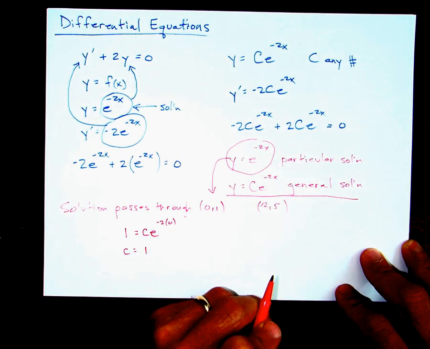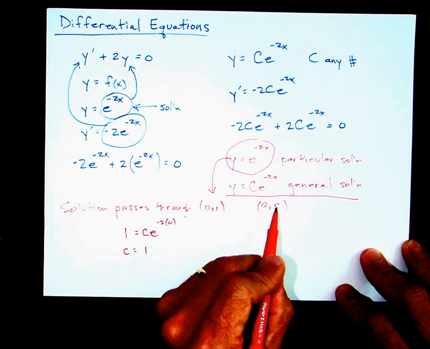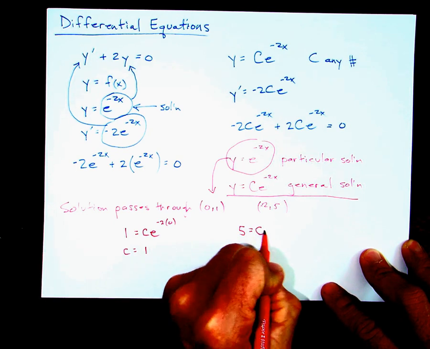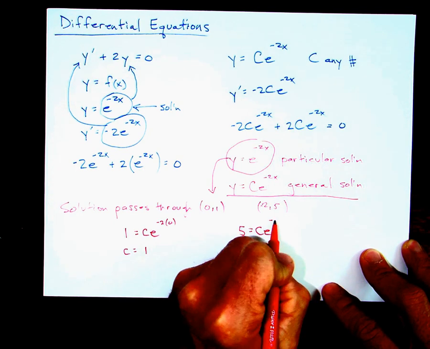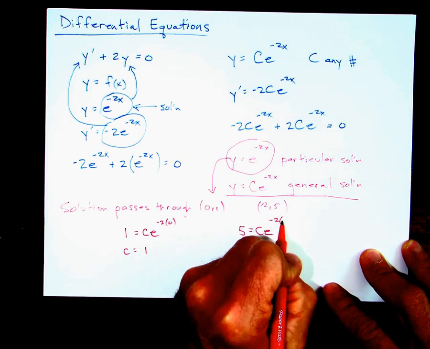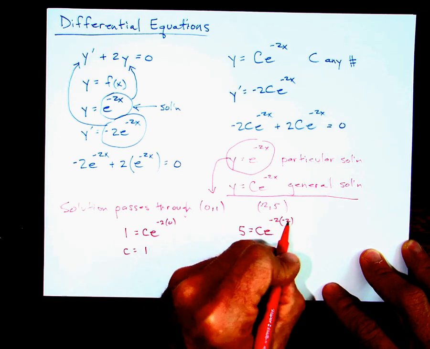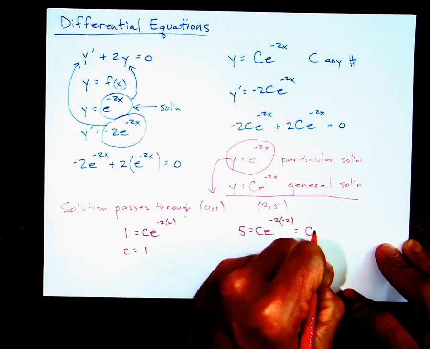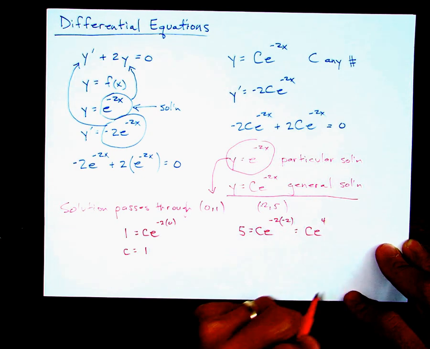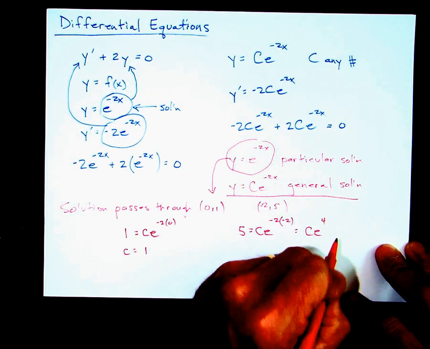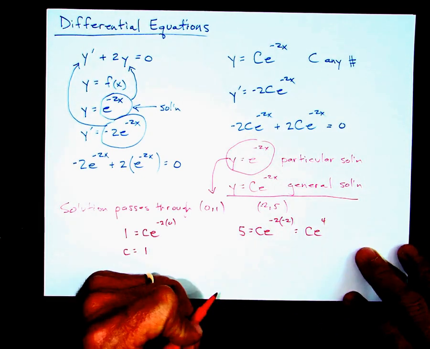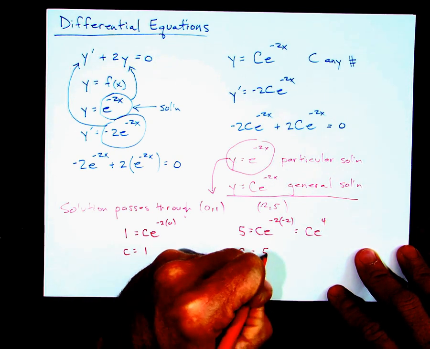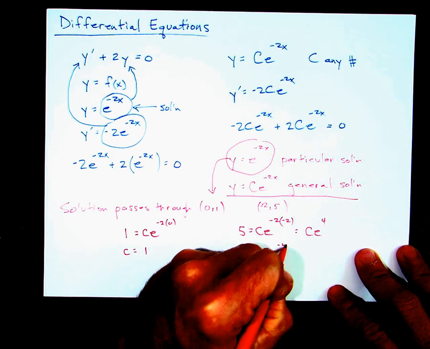Alright, so again, using this general solution, let's put in 5 for y equals ce to the -2 times -2, putting in -2 for x. So that equals ce to the 4th, and then if I divide by e to the 4th, I end up with c equals 5e to the -4.